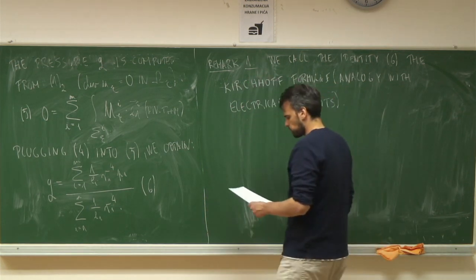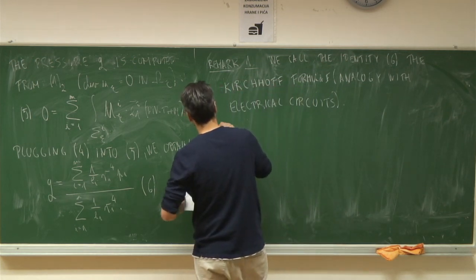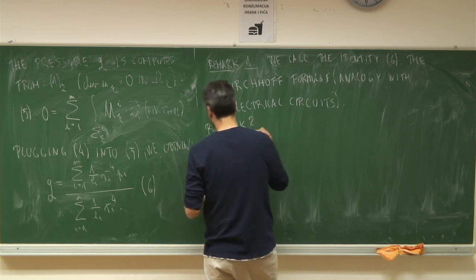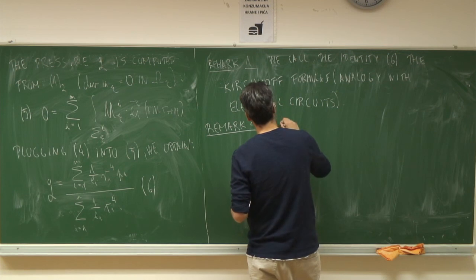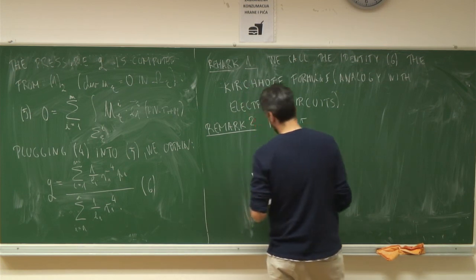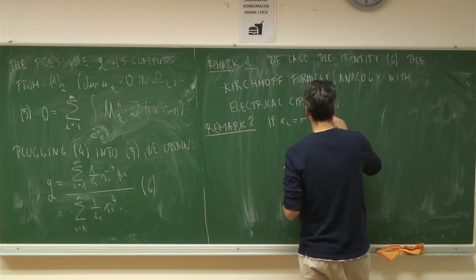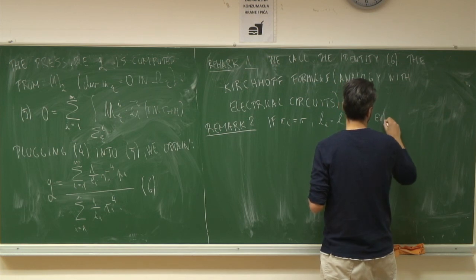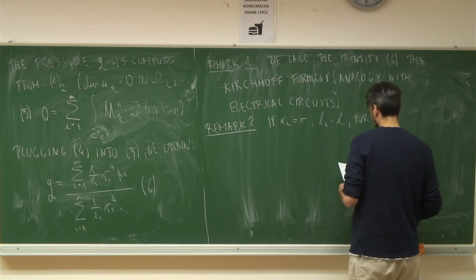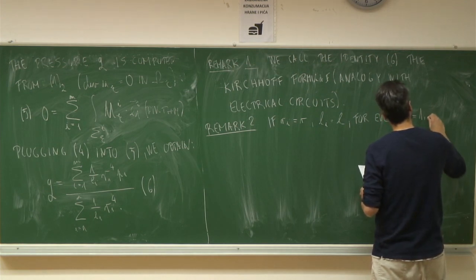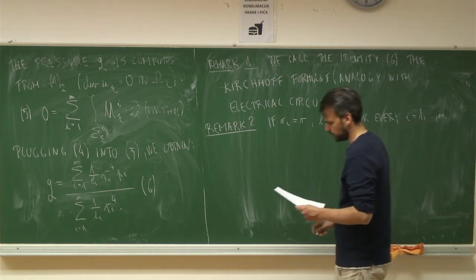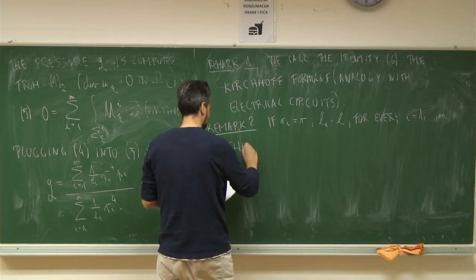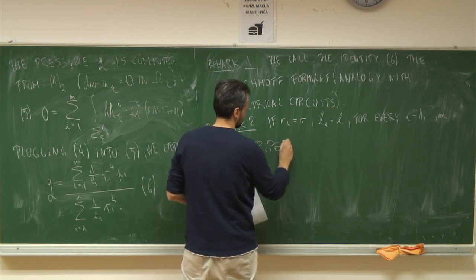Okay, and remark 2. So if R_i is equal to R, L_i is equal to L, for every i from 1 to m, so this means that the pipes, which is not that unusual.